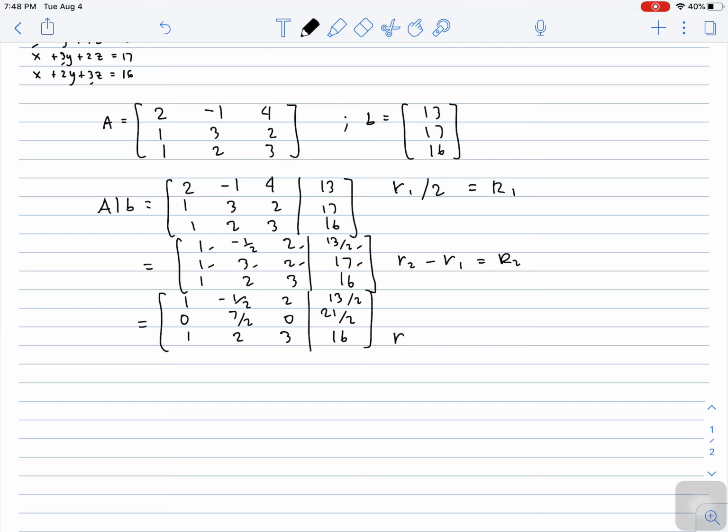Next, the entry in R sub 3 should also become 0. R sub 3 minus the multiplier, which is 1, multiplied by the pivot row R sub 1 is equal to the new R sub 3. So copy the first two rows.